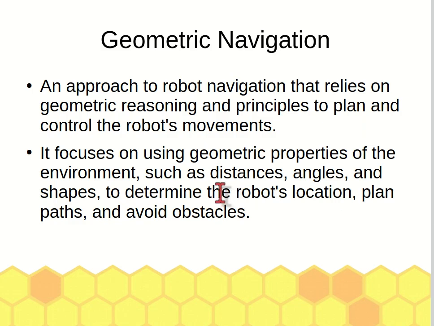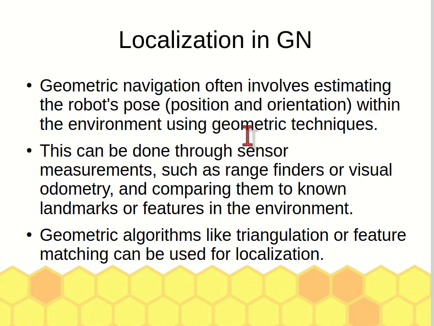Okay, geometric navigation. It relies on geometric reasoning, for example in terms of distance, angle, the shape. This is geometric navigation. So when the robot tries to perform localization in geometric navigation, we will apply geometric techniques.